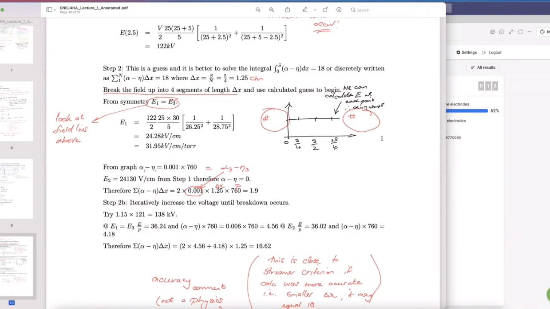Right, so there I've got my 2 spheres. I've got my s divided by 2 in the middle, my s divided by 4 close to the negative, and 3s divided by 4 close to the positive electrode. So we're going to calculate the electric field at each point and then refer to the graph for alpha minus eta.